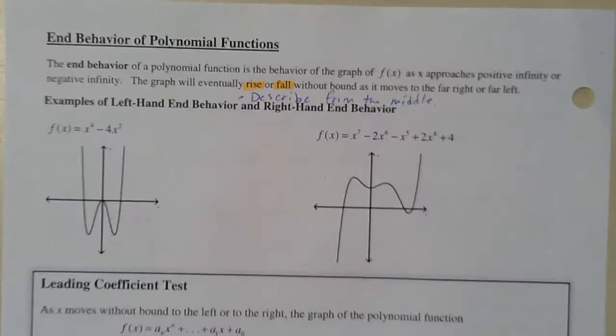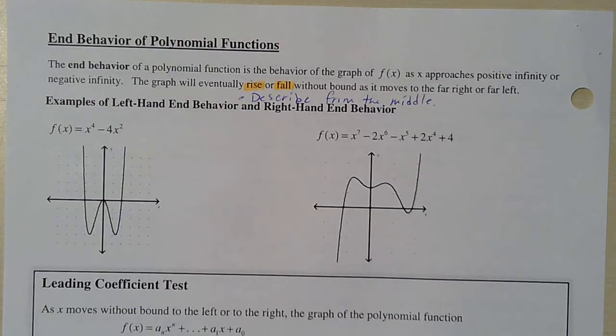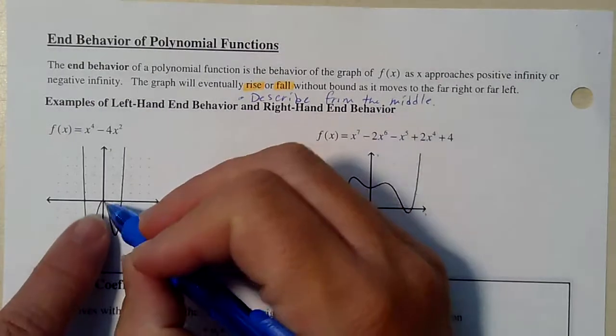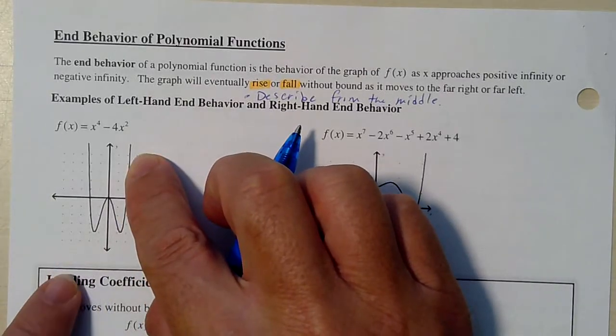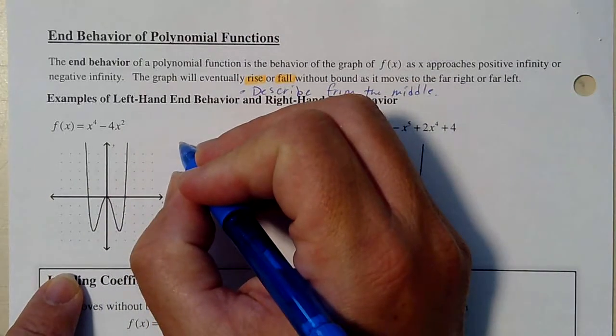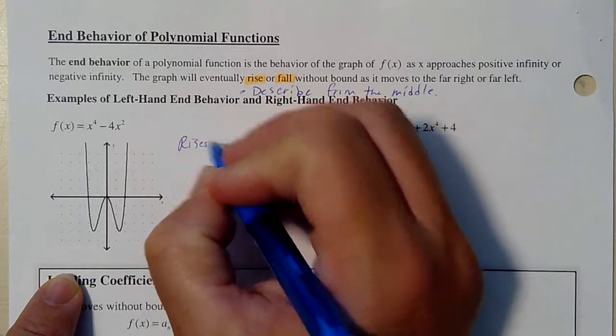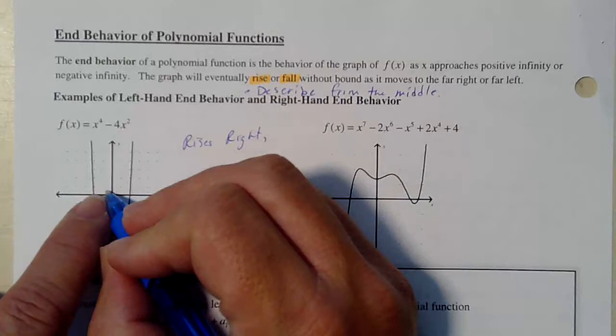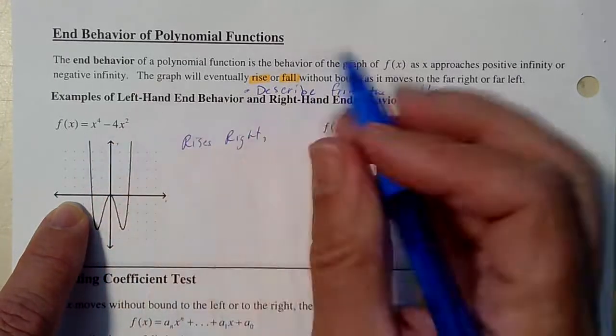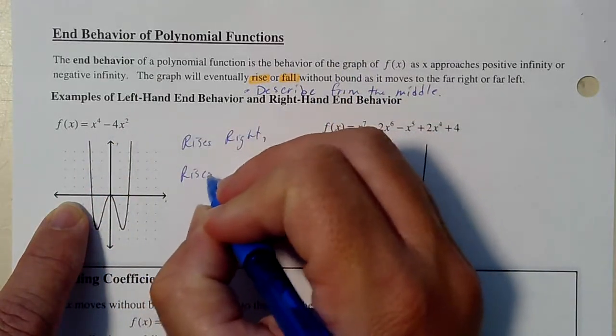All right, so from the middle going out, what is this doing? Okay, well, going to the right, this rises. So we'd say this rises right. And then going to the left, the graph is rising again. So this rises left as well.